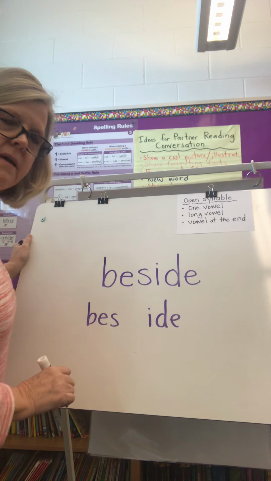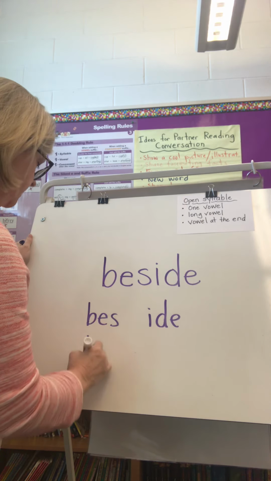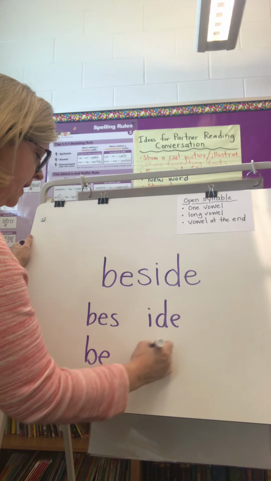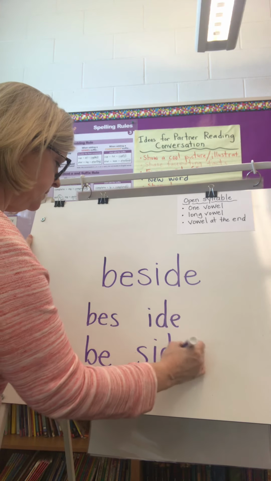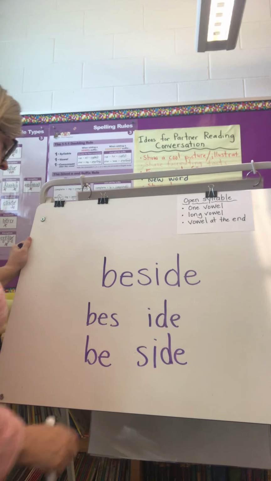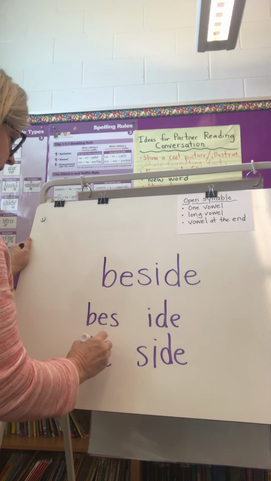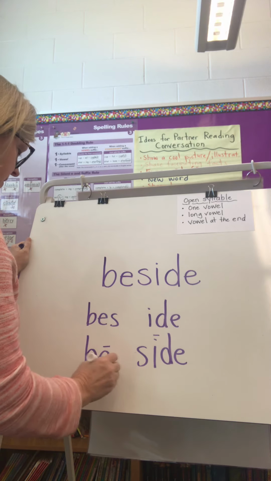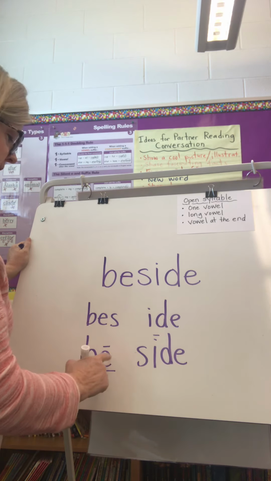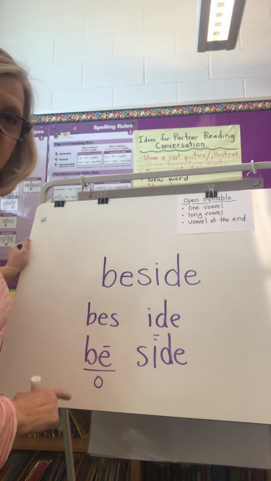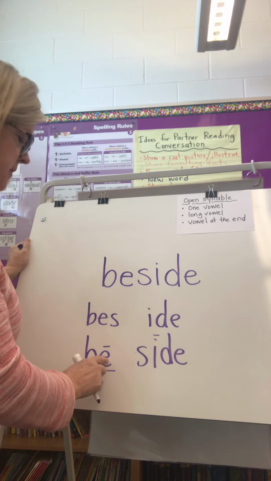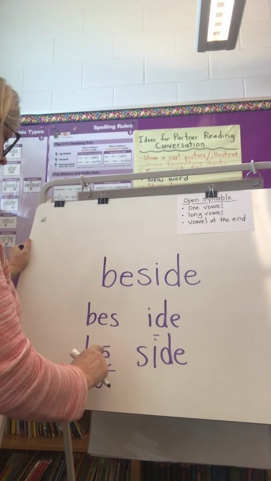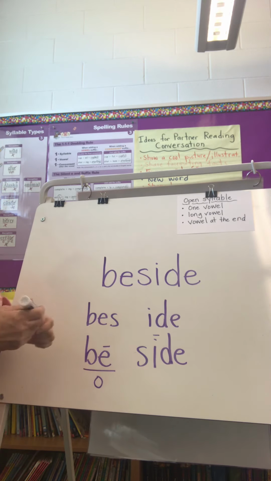I said best-eyed, and that doesn't make sense. So we'll try it the other way with the E at the end of the syllable and the S going to the next syllable. This makes more sense. Be, we have the long E. Side. This is an open syllable because the vowel's at the end. It is a long vowel.